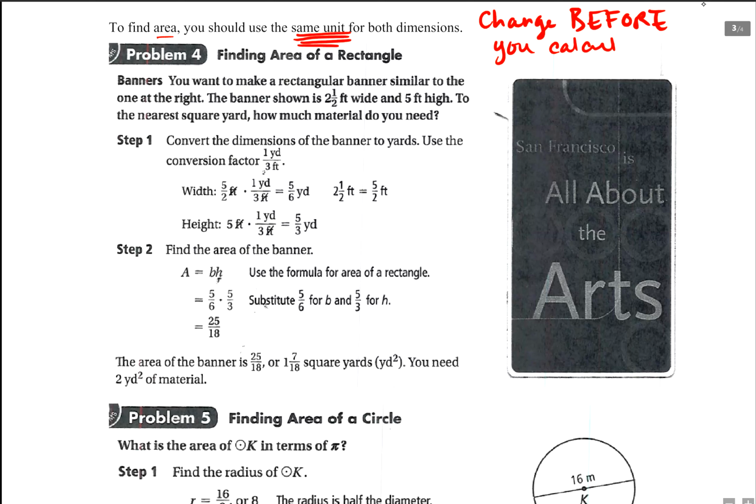So you always check your units, and if your units don't match, you change them before you calculate. So here's a good example of how to change from feet to yards. You can go yards to feet. There are reference units in your big packet, and then we simply use our new units to find the area.